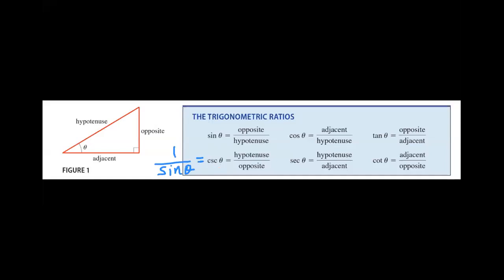And also secant theta is the same as 1 over cosine theta. And the cotangent theta is the same as 1 over tan theta, which is the adjacent over the opposite.